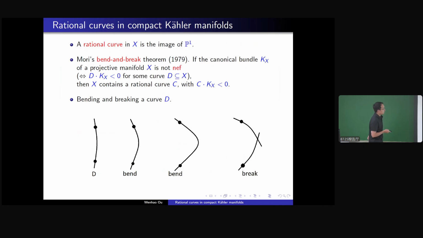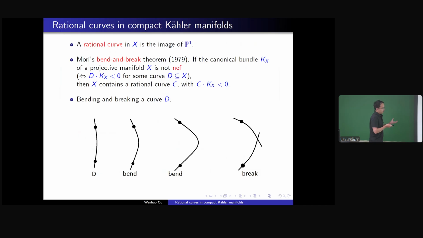So this is the curve D, and we fix 2 points inside X on this curve D. Once this intersection is extremely negative, we can deform this curve while keeping these 2 points fixed, and then we can continue to deform. This is also called bending the curve. And if we deform sufficiently, then at the limit, this curve will break into at least 2 pieces.